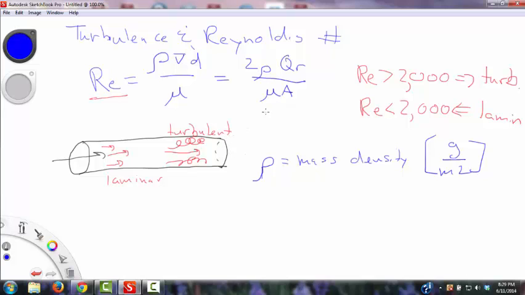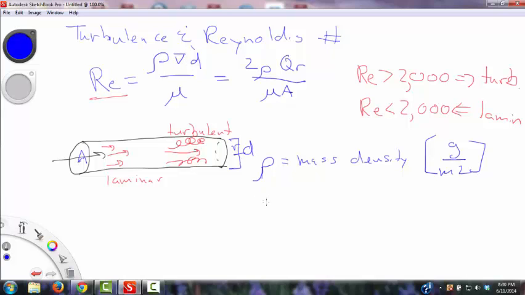D here is the diameter of the pipe of interest. A is the cross-sectional area, and it's a cylinder, so it's the same A all the way along. R is just half the diameter. Some people favor writing it this way, some people favor writing it this way. There are different ways you can think about it.